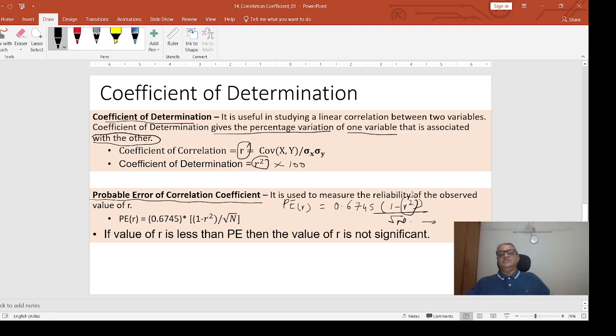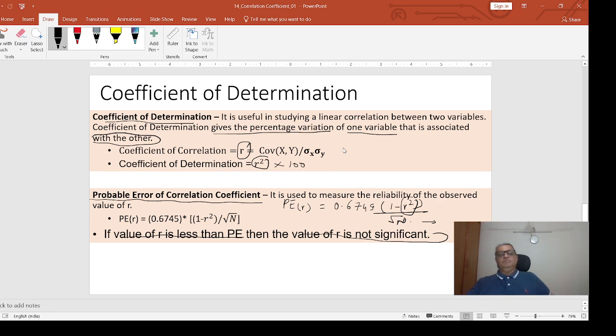R square is nothing but your coefficient of determination. So you subtract it from 1, and multiply it by 0.6745, right? So if the value of R is less than PE, then the value of R is not significant. Basically, probable error of correlation coefficient is used to measure the reliability of the observed value of R.